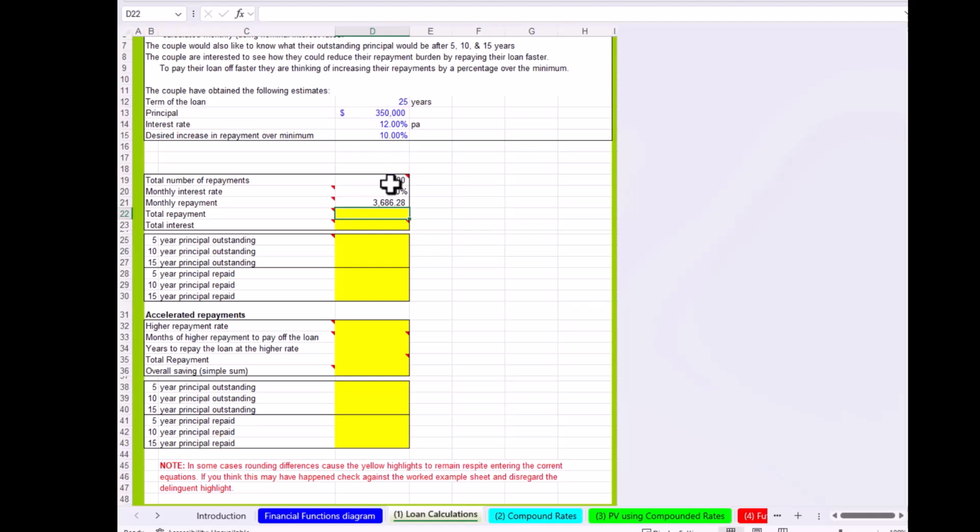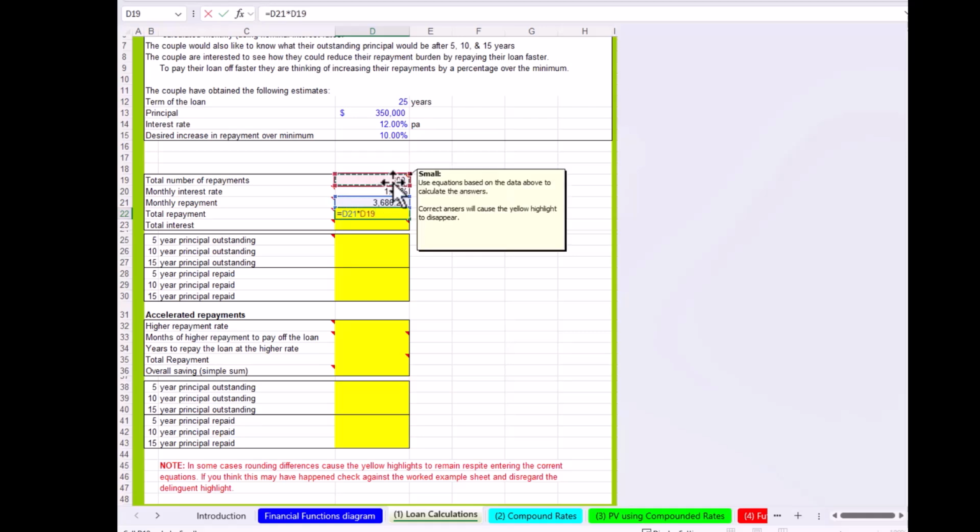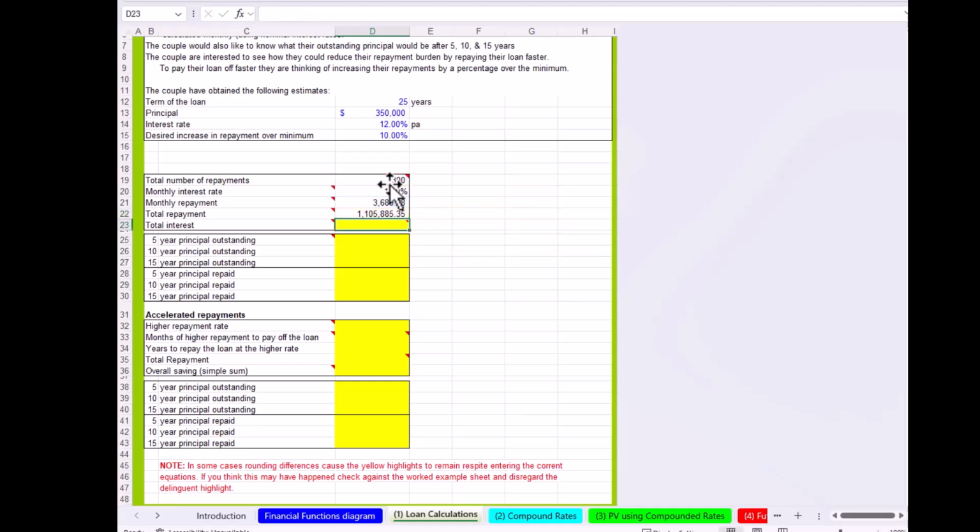I can work out the total repayment by simply multiplying the monthly repayment times the number of months, which gives me an amount a bit over $1 million. To work out the total amount of interest that I've paid is done a little bit indirectly, but it's simply done by subtracting from the total repayments the actual amount that's being paid off the loan, which is the loan principal of $350,000.